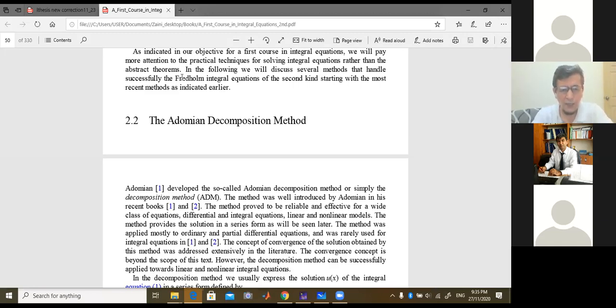Adomian is the scientist who developed the so-called Adomian decomposition method, or simply decomposition method. Usually we say ADM. Shortly we always say ADM.